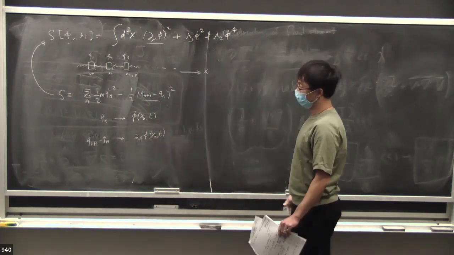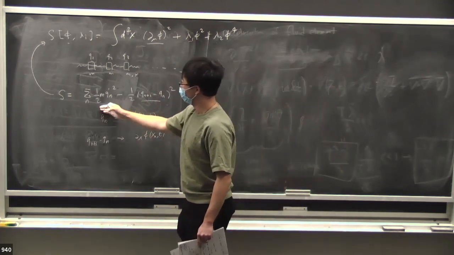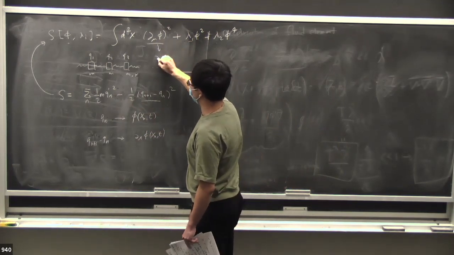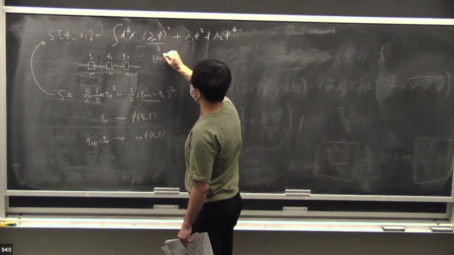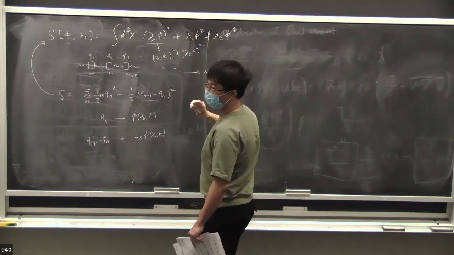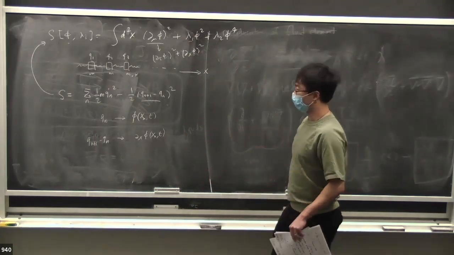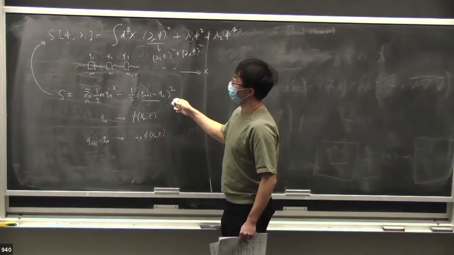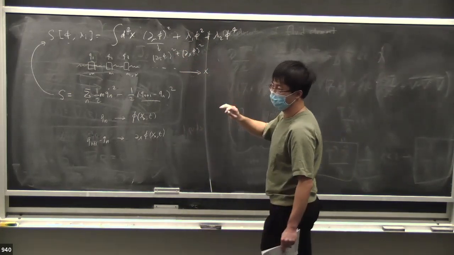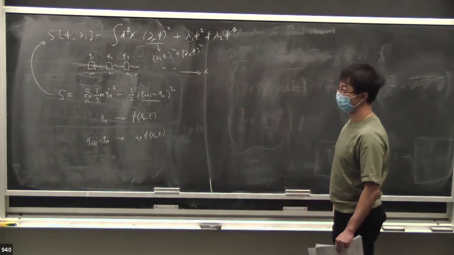Now you can see how you go from this to this. That is, this gradient squared is really the time derivative squared plus the x derivative squared. So after rescaling of your phi, you can go directly from this action to this action. For example, here is in the minus plus convention for the Lorentzian metric.